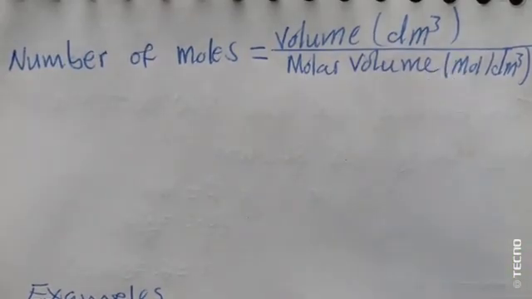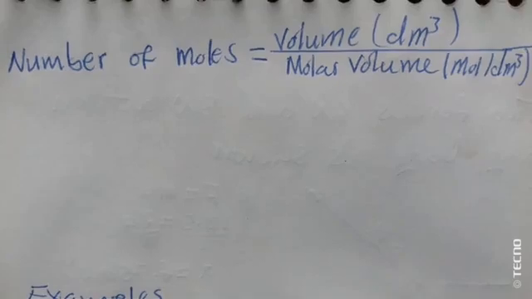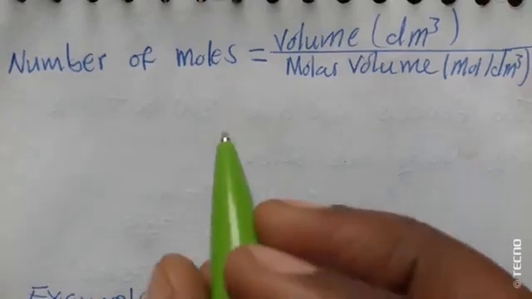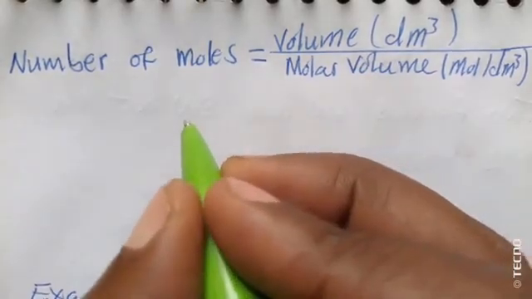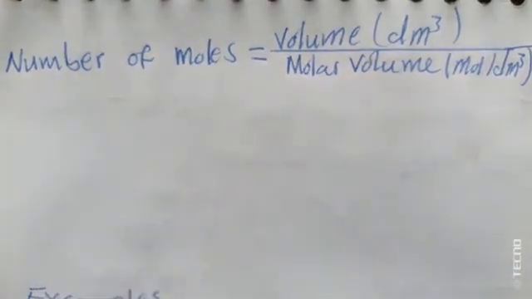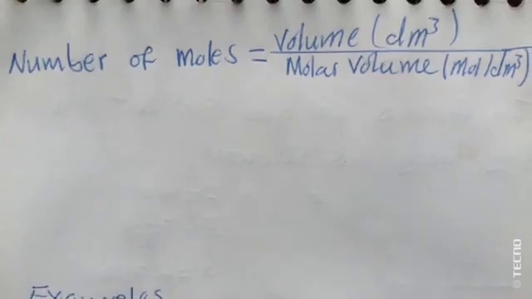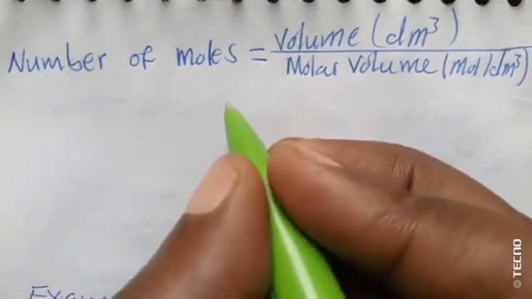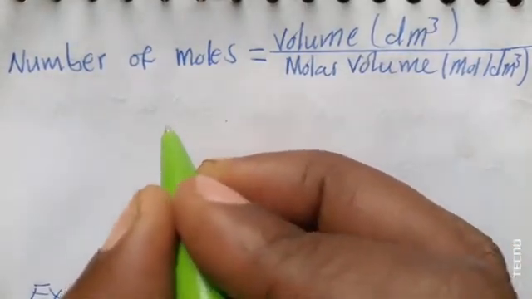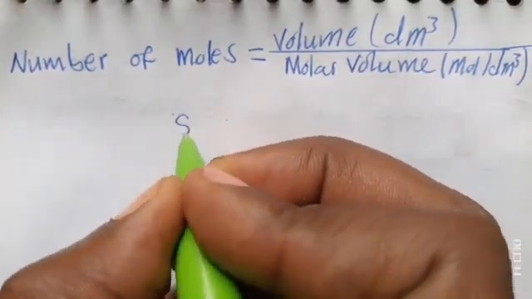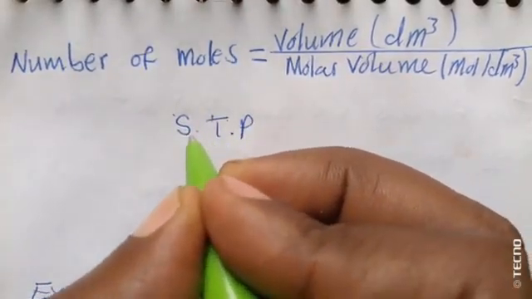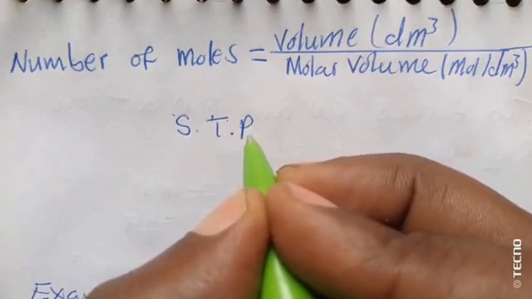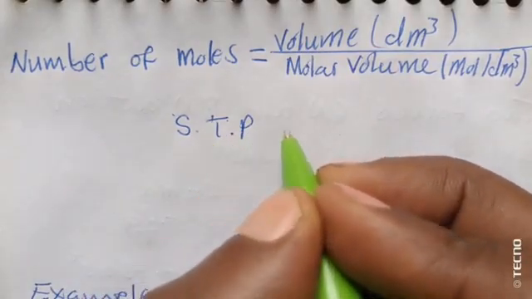Now this molar volume is always given in that information. It can be, let's say, if they say that the gas of that volume is at STP, which is standard temperature and pressure.